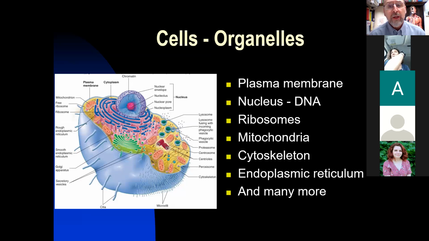Probably the first two organelles there, the plasma membrane and the nucleus, are the organelles that you should be most familiar with, but you should also be familiar with a little bit about ribosomes, a little bit about mitochondria, maybe a little bit about cytoskeleton or endoplasmic reticulum, but the first two there that we spent the most time on, and those are the ones that there'll be more questions on and things will be more related to.